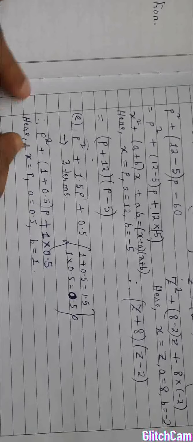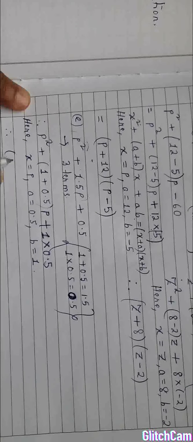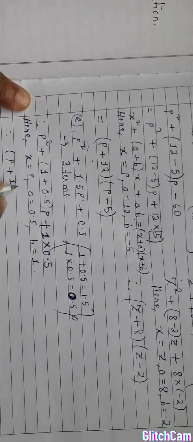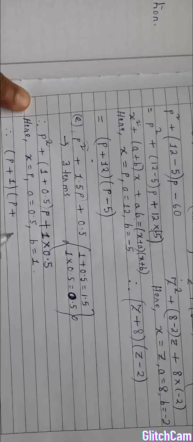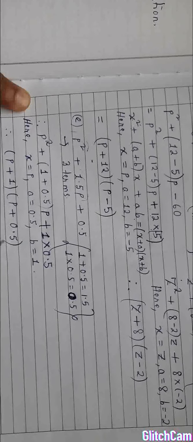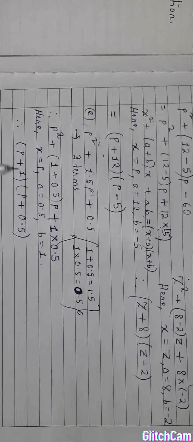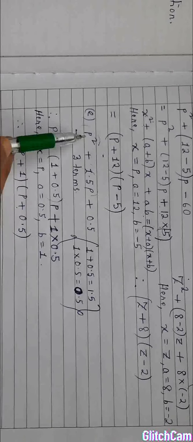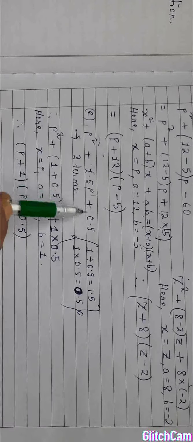Therefore the above expression can be written as p plus 1 within bracket, p plus 0.5. So these are the two factors of the expression p square plus 1.5p plus 0.5.